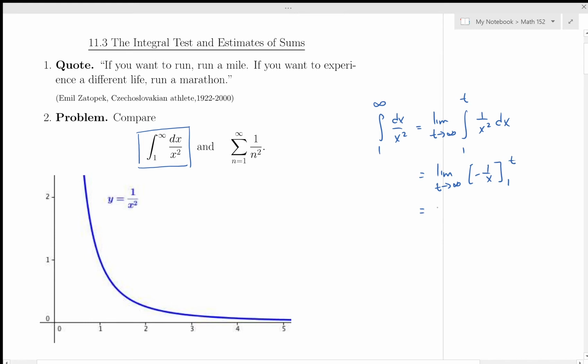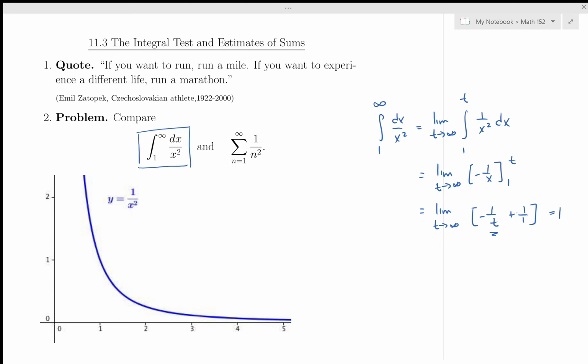Then that's the limit as t goes to infinity of minus 1 over t plus 1 over 1. And when t gets very large, this term goes to 0, so that we have 1. So the integral, the area under this curve from 1 to infinity, is 1.